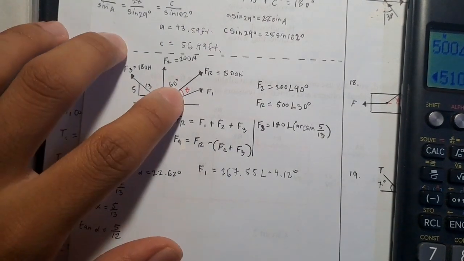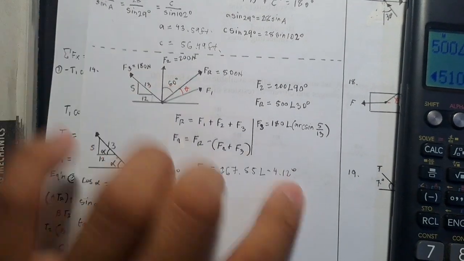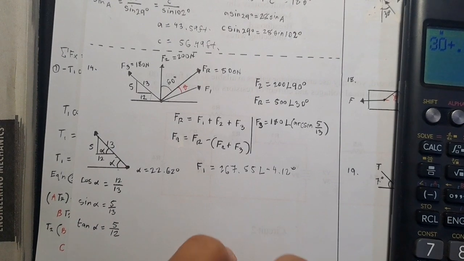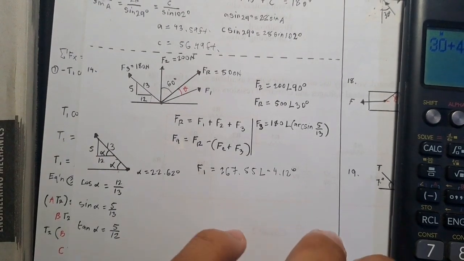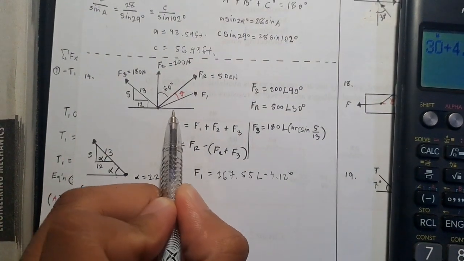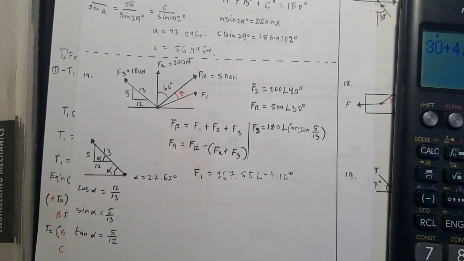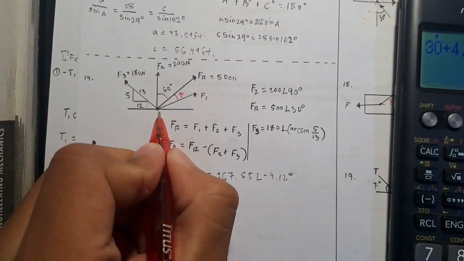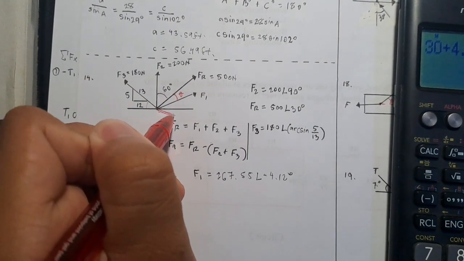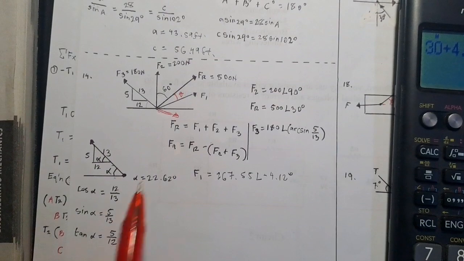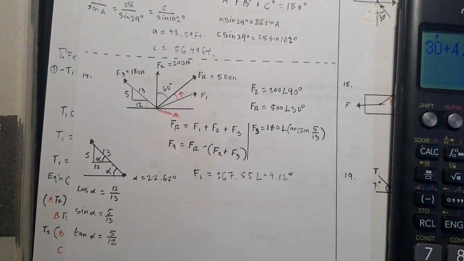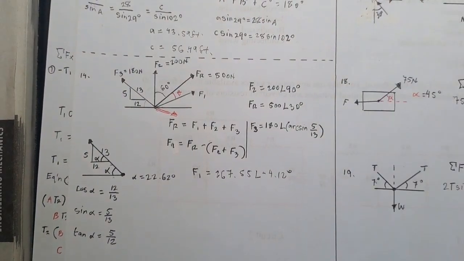We can get theta by adding 30 plus 4.12, since F1 is below here. We just add 30 there to get the difference between the two vectors. So let's have 15.